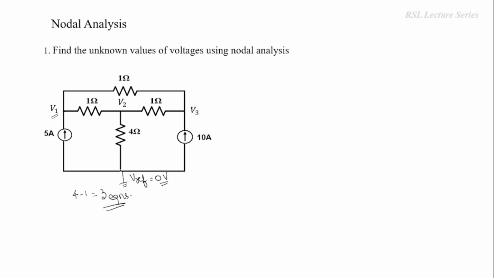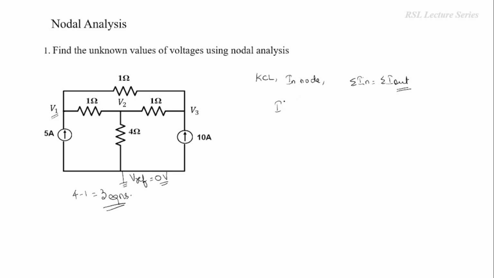Nodal analysis is mainly based on Kirchhoff's current law. In general, Kirchhoff's current law states that in a particular node or junction, the sum of the incoming currents is equal to the sum of the outgoing currents. In this case, we are going to assume that the currents flowing through all the resistors are outgoing in nature.